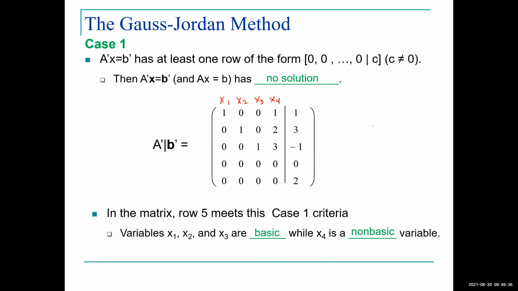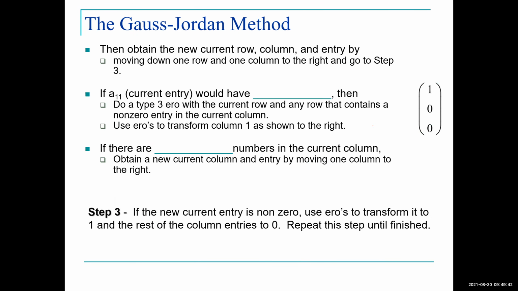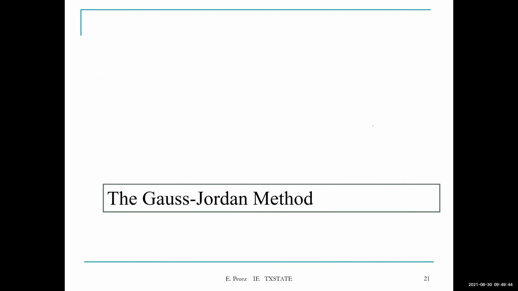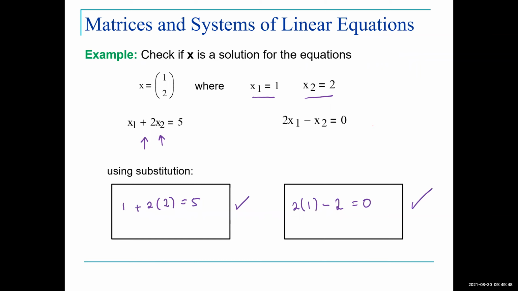There's not going to be a combination of values that will give you, if we go back to this system of equations, here we have 2 equations, very simple equations. What that solution is telling you is you are not going to find a value for x1 and x2 that will make this equal to 5 and this equal to 0.